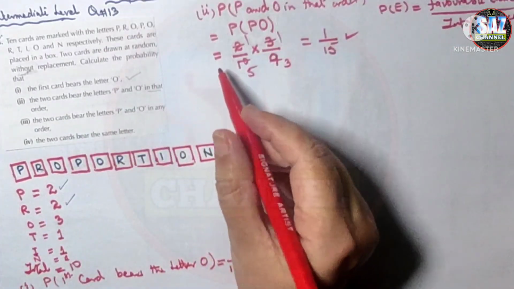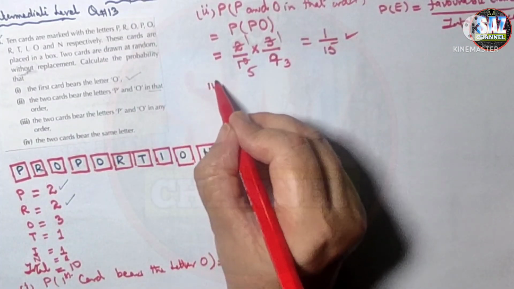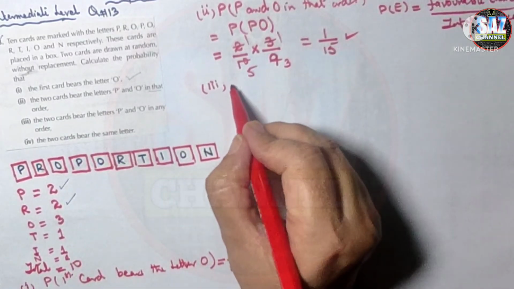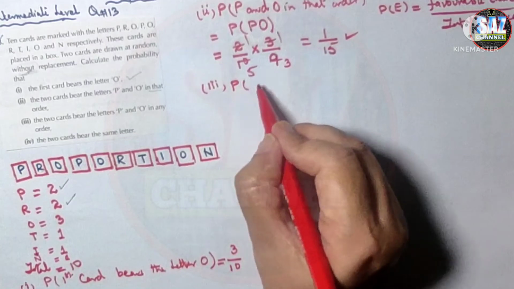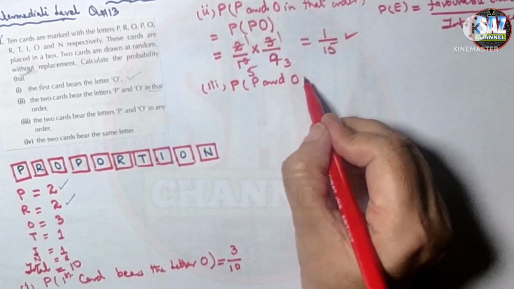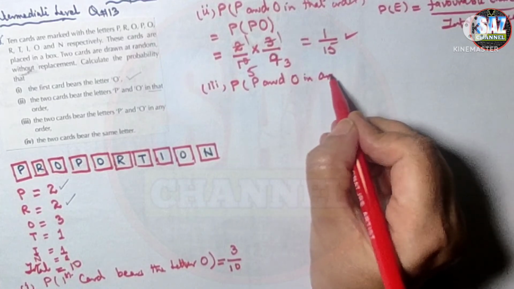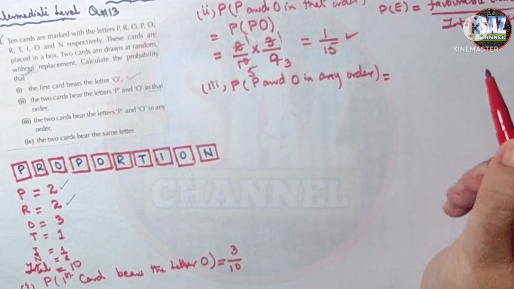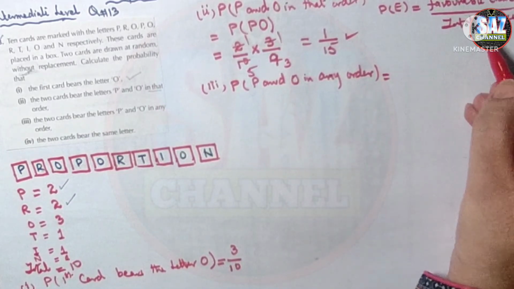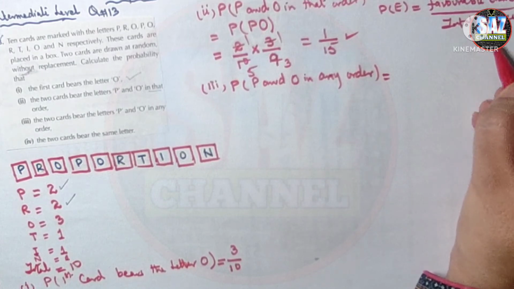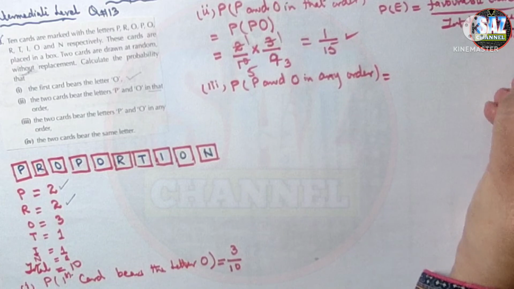Moving to the next part, the letters P and O in any order. Try to understand the difference between these two parts. P and O in any order. There can be the chance that you pick up letter P first and then O, or you pick up letter O first and P later.